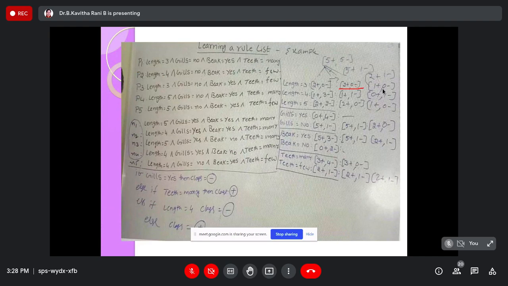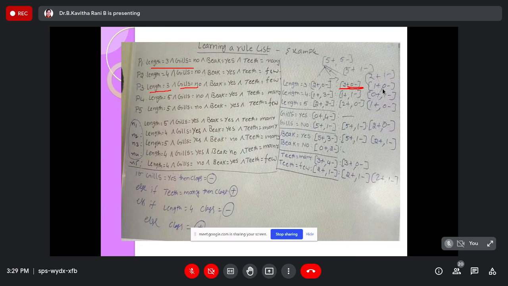How you will get 2 plus 0 minus means, gills yes undi, length is equal to 3 unte, chudandi, length is equal to 3 and gills is equal to no, idi manam consider cheyali. So these two we will consider. So what I have written? 2 plus. In the same way, gills is equal to yes and length is equal to 3, there is no such instance. It is not satisfying the condition. So I have written 0 minus.